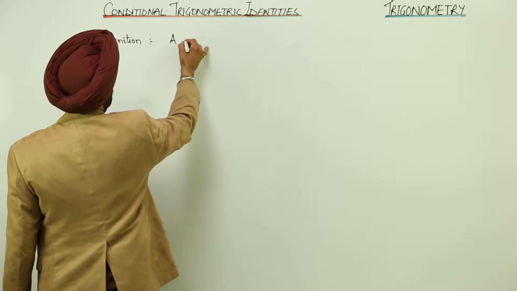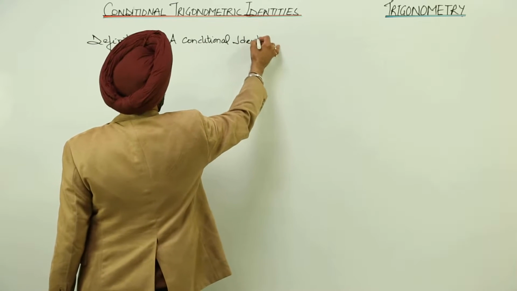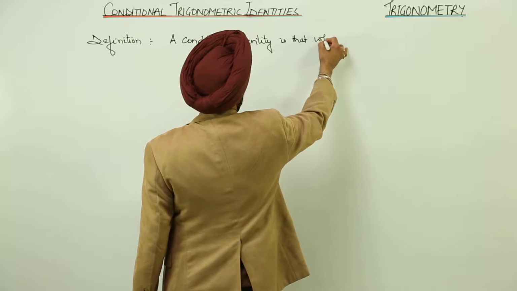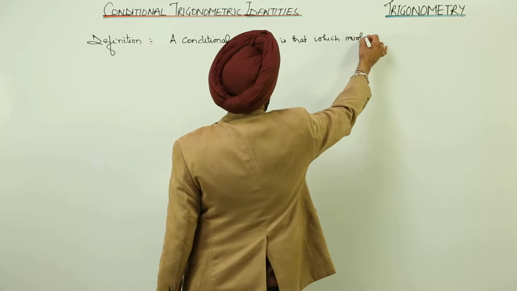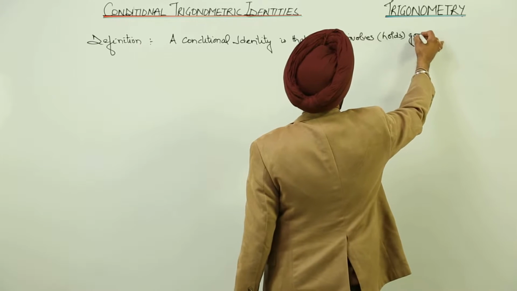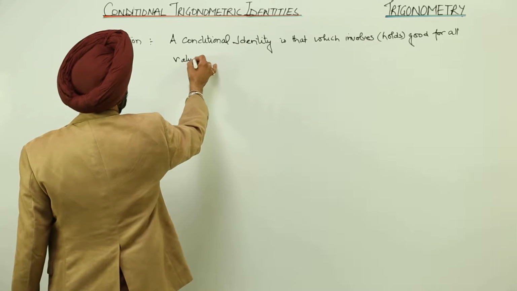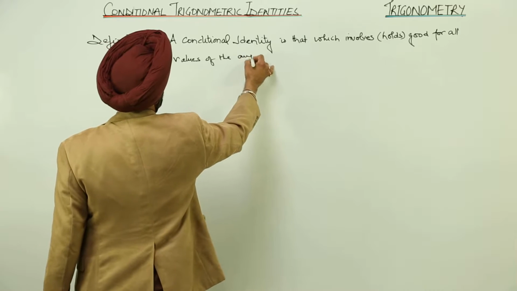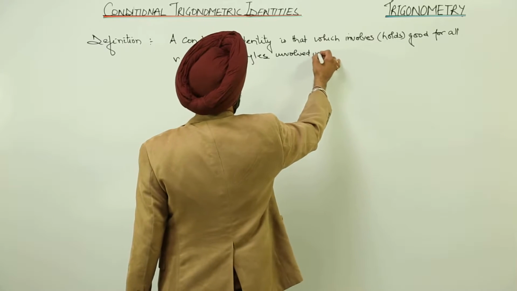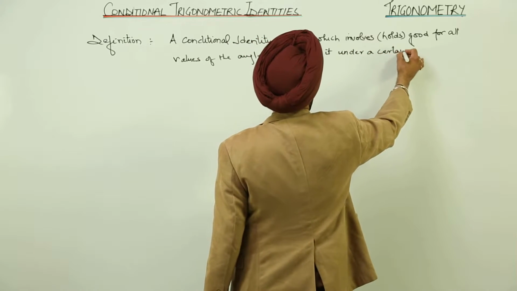Definition. A conditional identity is that which involves, or you can write it holds good for all values of the angles involved in it under a certain condition.